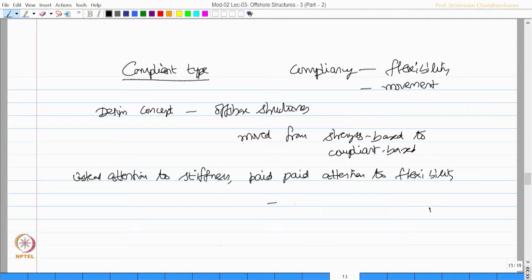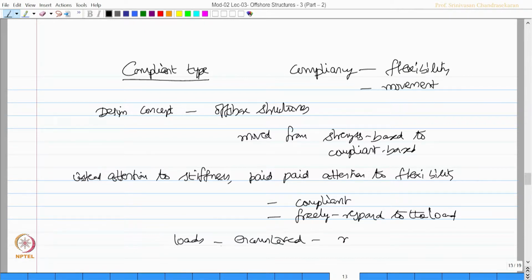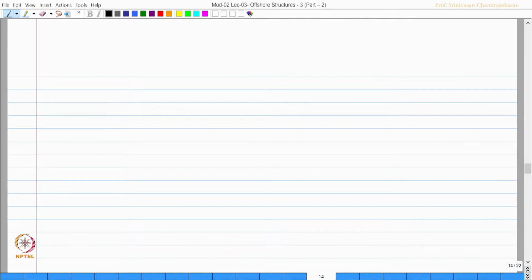They made the system design compliant, freely respond to the loads. So, now the loads are encountered not by strength, but by displacement. Now, displacements can be of two types.